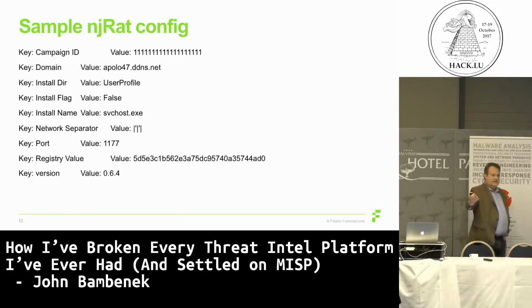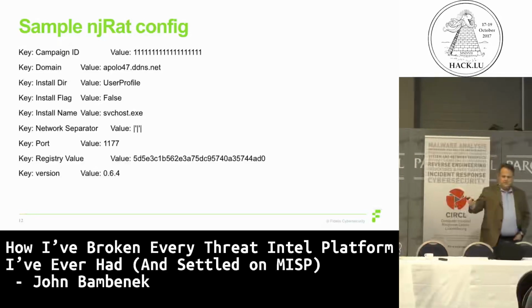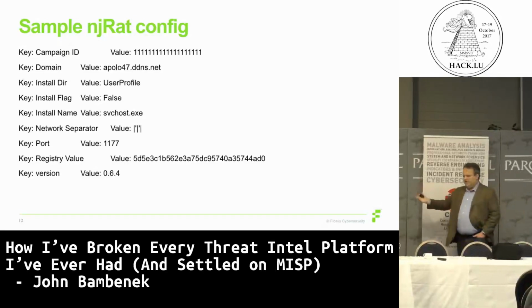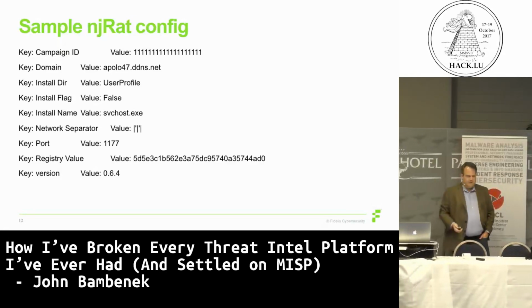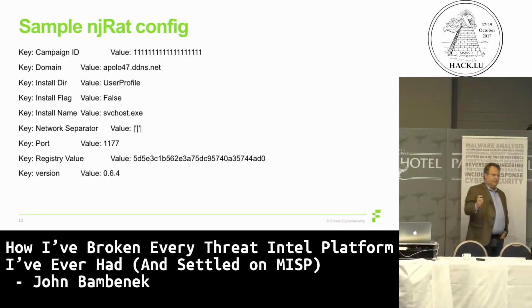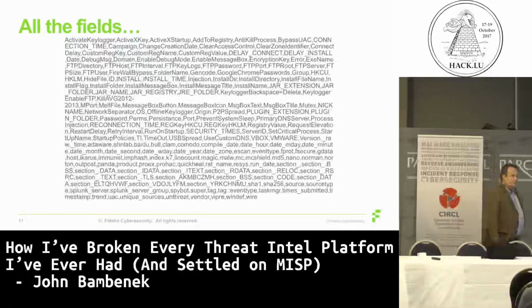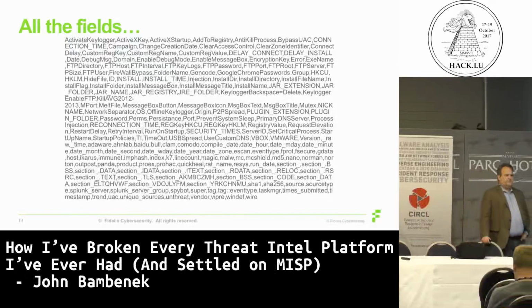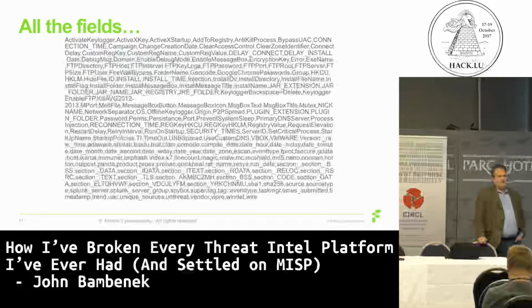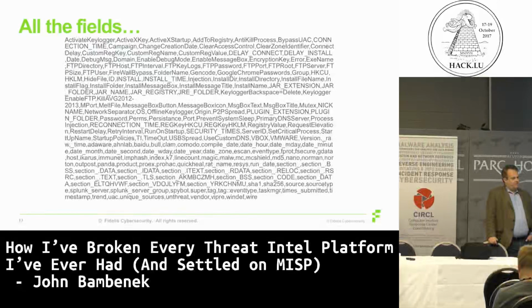NJRAT is something different, right? It's some of the same things, right? There's domain, there's ports, but now you've got registry keys and different values associated with it. Right? And the point of showing those two side by side is this is just a comma-separated list of all these discrete configuration items. Actually, not all. It's about 20% of the configuration items in the database.